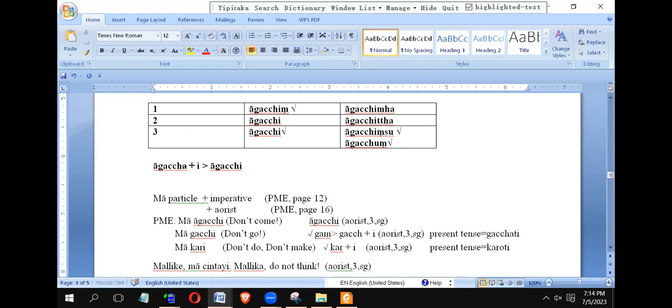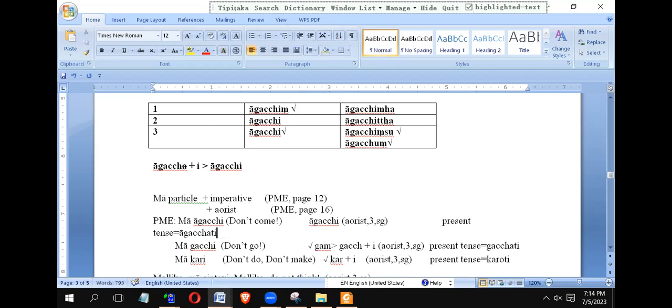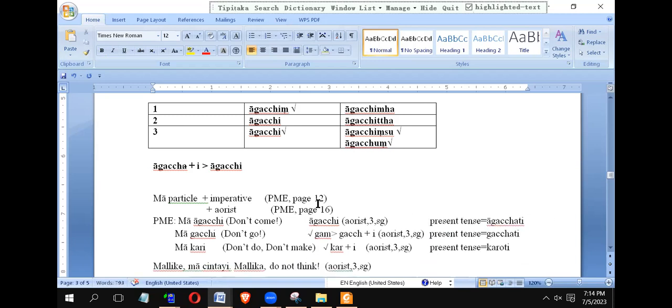Present tense will be agachati. So ma agachi, don't come. Ma gachi, don't go. Ma kari, don't do. Kari has a few meanings. The root kar is don't do, don't make. Another one is also don't build. So it has a few meanings here.